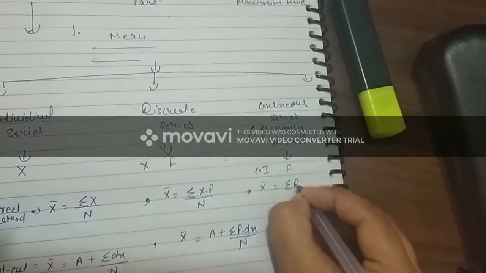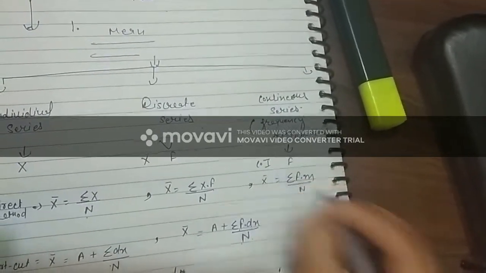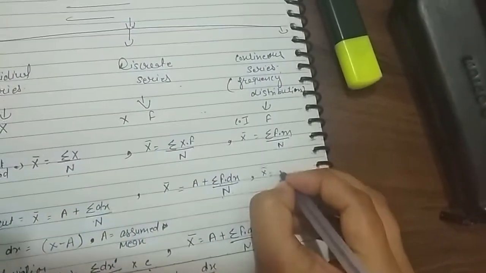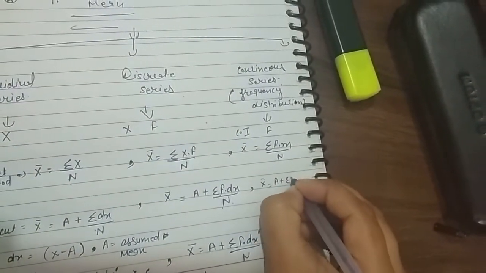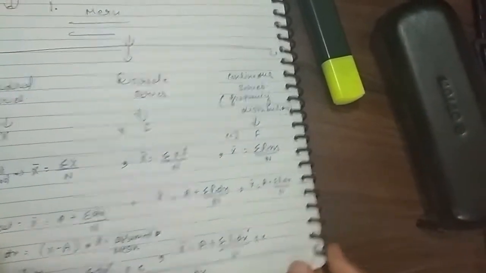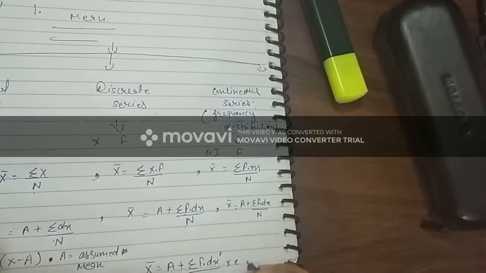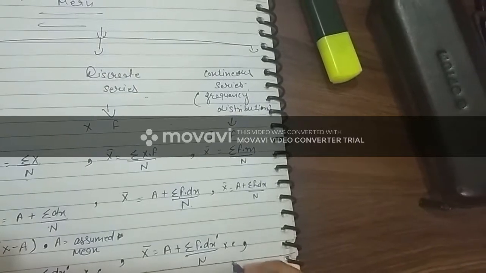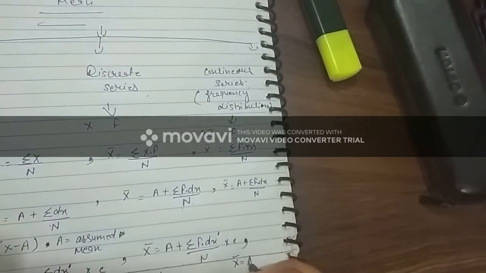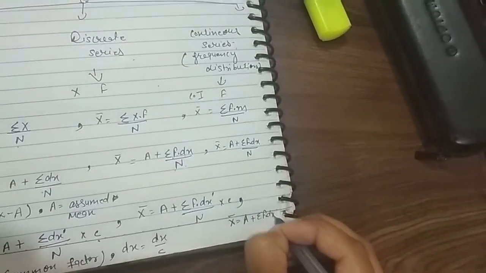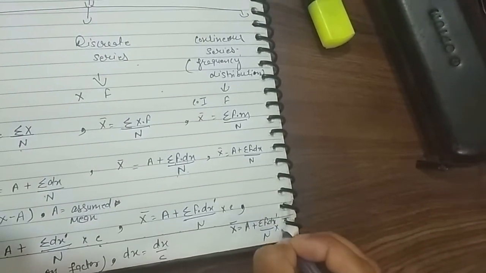Sum of f into m upon n; with the shortcut formula, A plus sum of f into dx upon n; and here also, A plus sum of f into dx dash upon n into c. I highlighted.